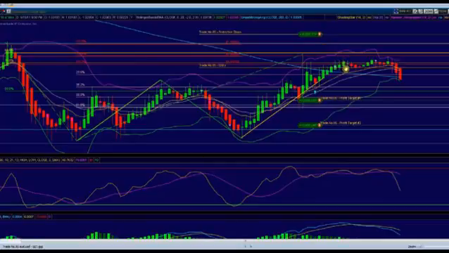So this is where I entered the market on this candle once I got confirmation, a 2-bar lower close, giving me the probabilities that the market was going to continue to move.